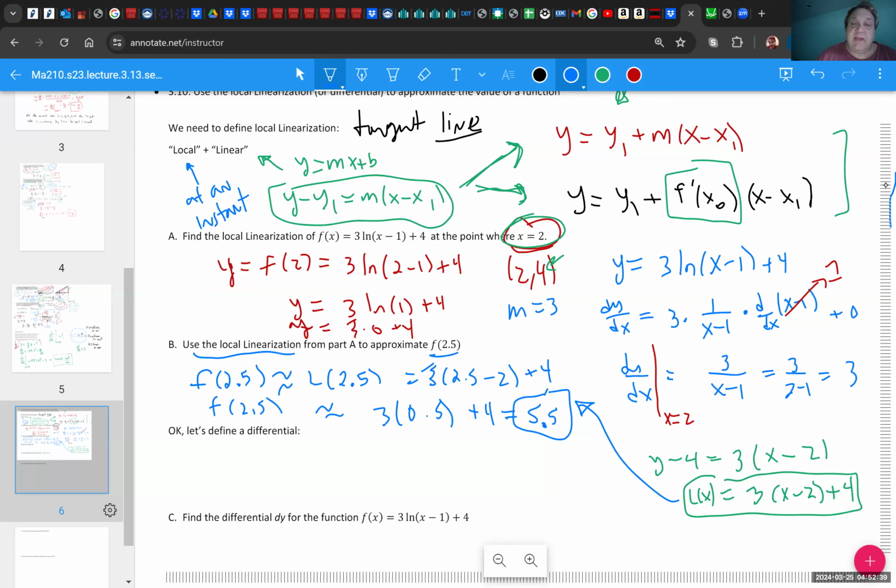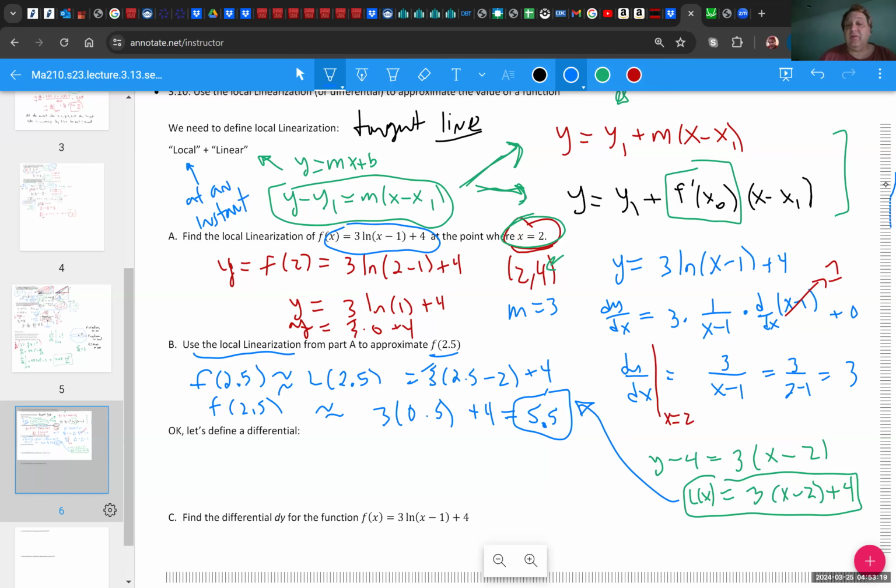And the great thing is that we didn't have to plug 2.5 into the original equation. If you have a calculator or a computer, plugging 2.5 into this original equation is pretty darn easy. But you don't have to. If you have a local linearization, you can find a pretty good approximation just by plugging it into the tangent line. And for you computer science majors out there, you may realize that in terms of computing efficiency, if you are okay with an approximate answer because you're rounding things or whatever, the computing power of doing a linear calculation is way more efficient than doing something complicated like a natural log.